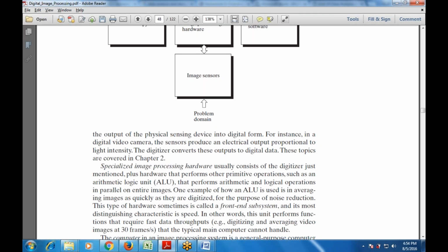For example, in a digital video camera, the sensors produce an electrical output proportional to the light intensity, and the digitizer converts this output into a digital image.